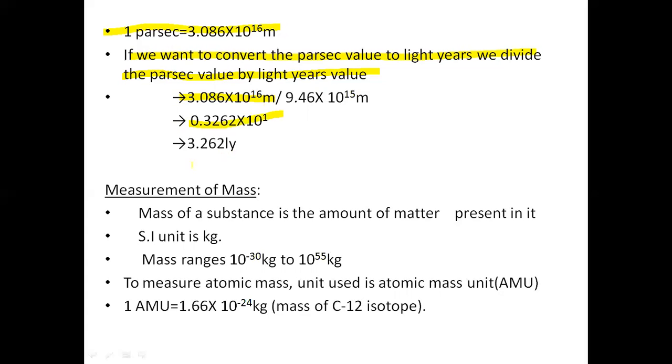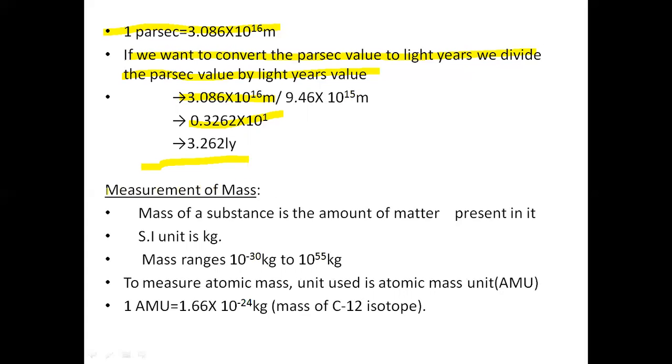After shifting the decimal point by one place, it becomes 3.262 light years. Whenever I want to convert from parsec to light years, I divide those values so that I get the answer.